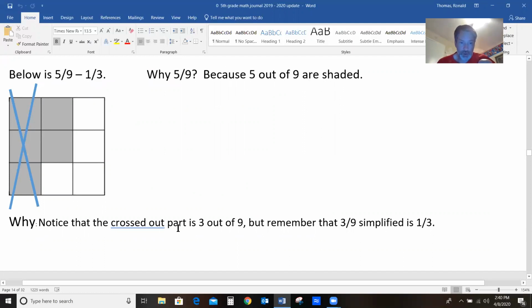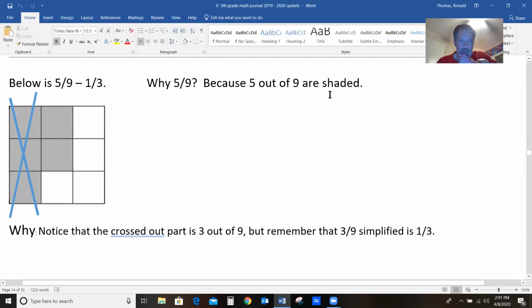Notice the crossed out part is 3 out of 9. Remember that 3/9 simplified is 1/3. So, I need to go back and talk about this again. I'm just jumping to the 1/3. Below is 5/9 minus 1/3 because 5 out of 9 are shaded. There are 5 out of 9 and 1/3. Oh, I see what I'm trying to say.